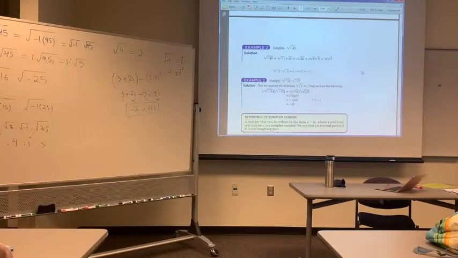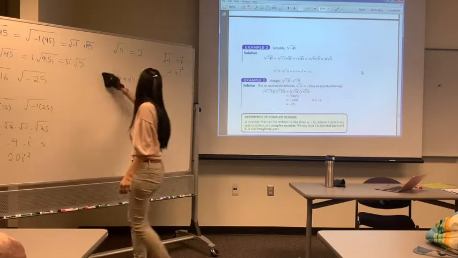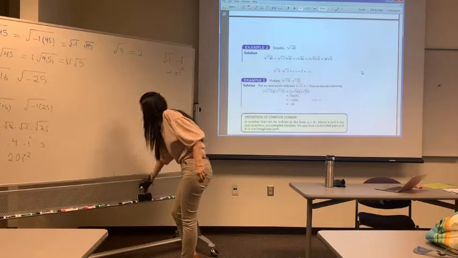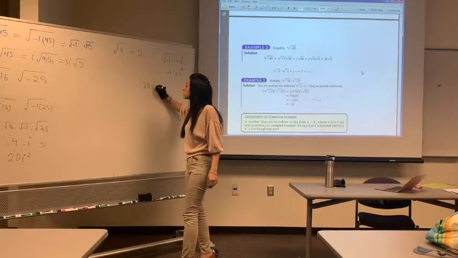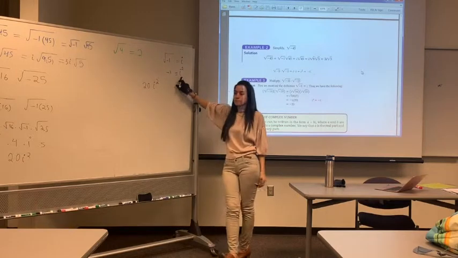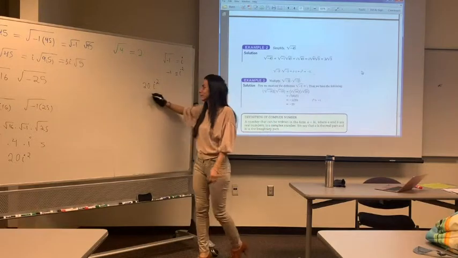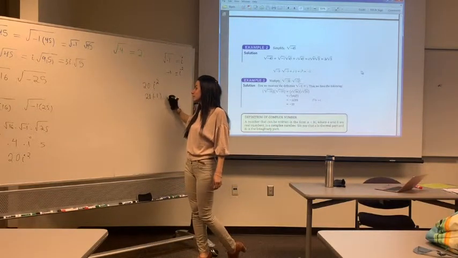Yes, because x multiplied by x is x squared. i multiplied by i is i squared, right? And then 4 multiplied by 5 is 20. So I will have 20 i squared. i squared is negative 1. 20 multiplied by negative 1 is negative 20.